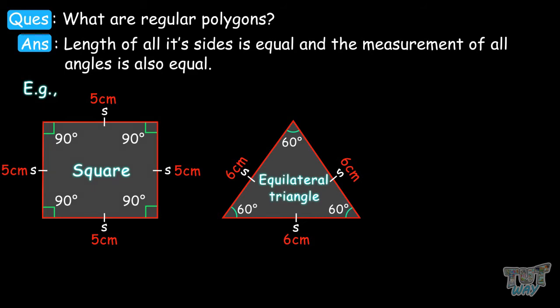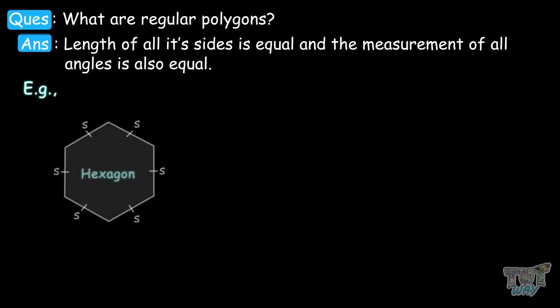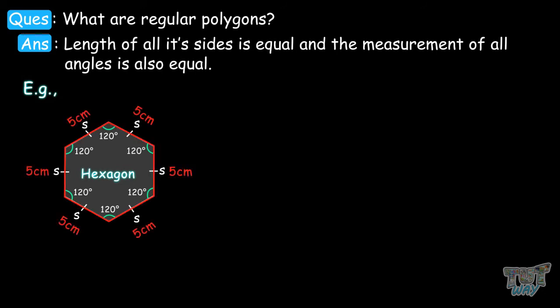And here we have this pentagon. The length of all the sides is also the same, and all the internal angles measure 108 degrees. In the case of a regular hexagon, that is a polygon with 6 sides, all of its internal angles measure 120 degrees, and the length of all its sides is obviously the same because it is a regular hexagon.